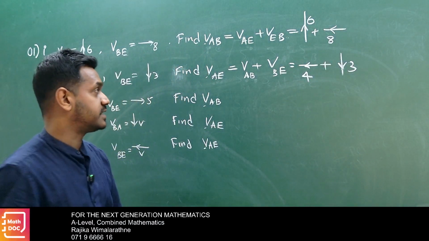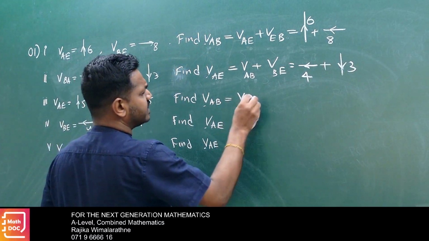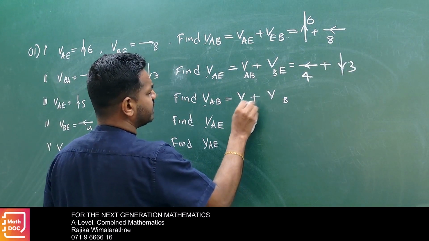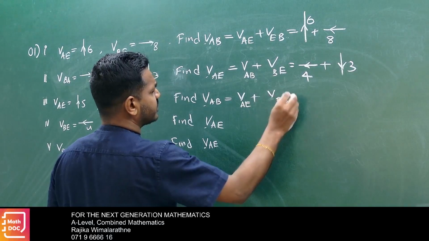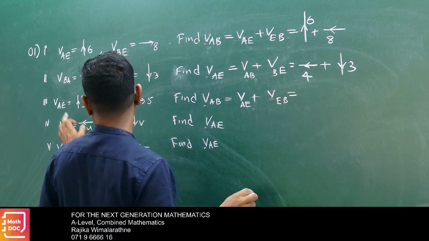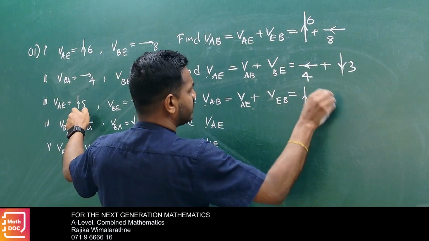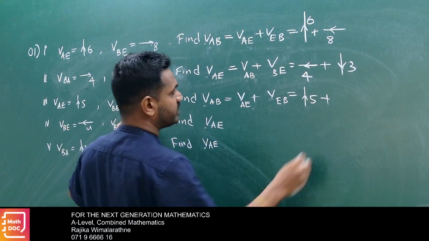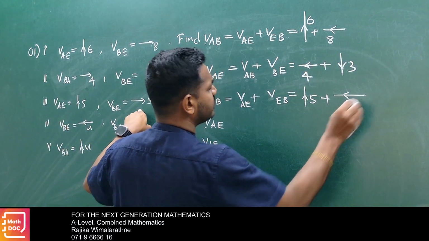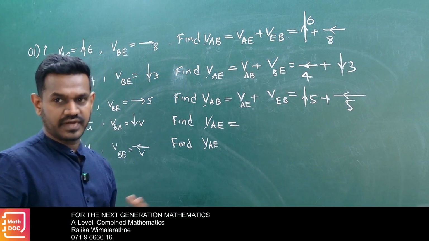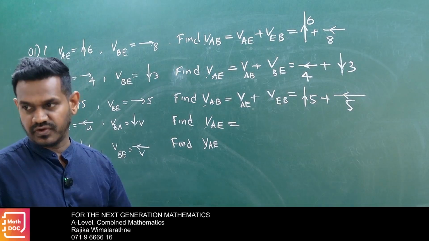VAB, addition of two velocities, start with A, end with B, common one E. Then VAE is given, 5 upward. VBE is given, then VEB is the opposite direction, 5. Then finally you can find the resultant value. So you have to find the resultant, magnitude and direction both.